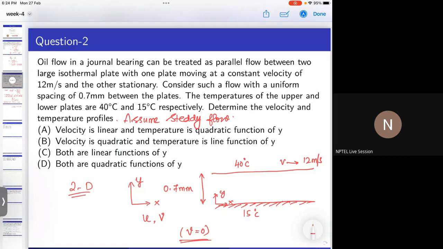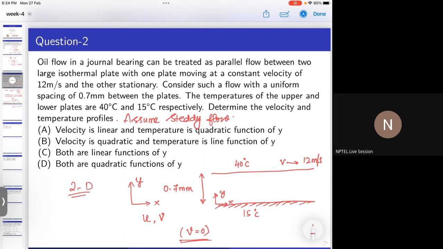In some questions, in order to reduce the computation, it will be given that frictional heating or the viscous dissipation can be neglected. But if it is not neglected, you have to consider the viscous dissipation effect also while dealing with highly viscous fluids like oil.